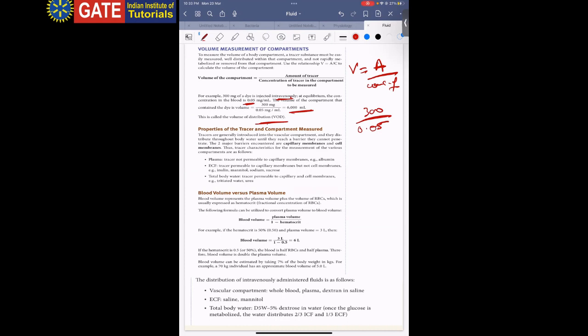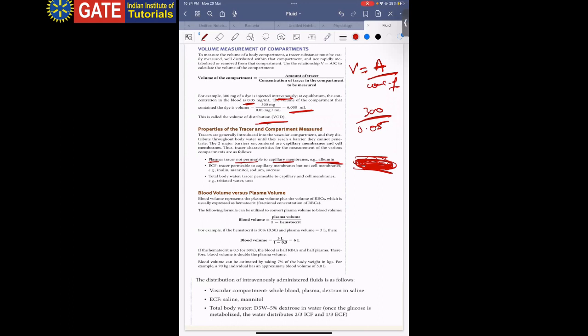We have the plasma. If you want to measure the volume of distribution within the plasma, you need a tracer that will be not permeable to the capillary membrane. That tracer should remain within the vessel, so that it will be well distributed within the vessel or within the capillary and measure the volume of distribution within the vessels. And one of this is the albumin, because we know albumin cannot cross the capillary membrane.